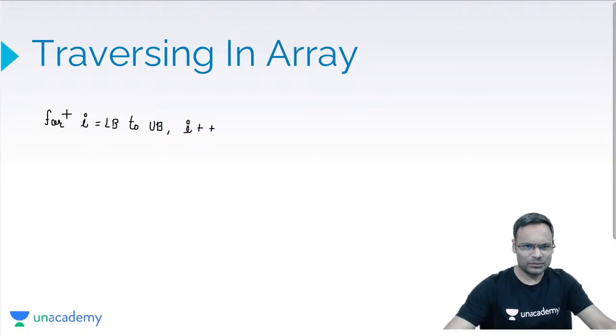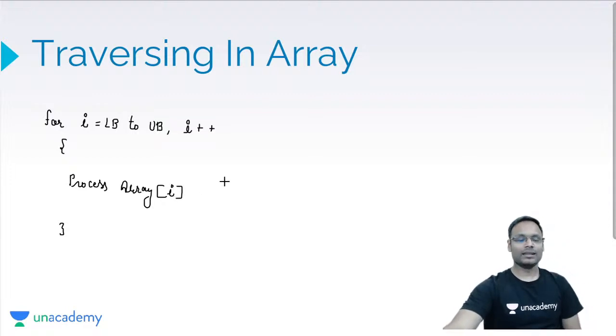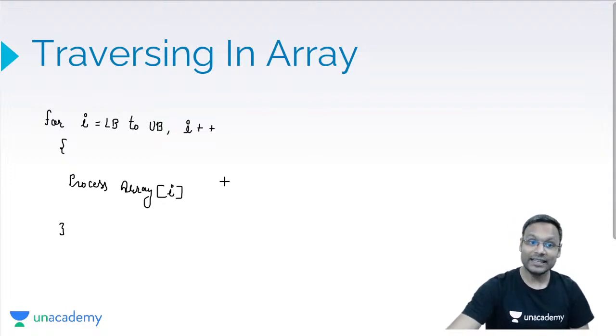I am writing an algorithm, simple. Now under this for loop, what should I write? I'll have to write this. You process now the array element on index I. That is the traversing in the array.